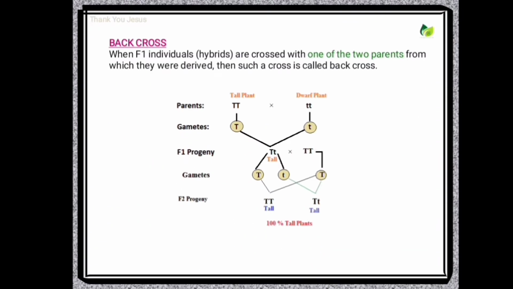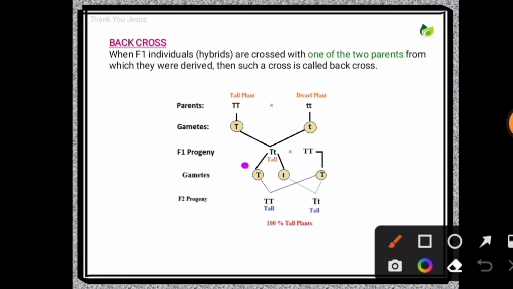When F1 individuals, such as hybrids, are crossed with one of the two parents from which they were derived, such a cross is called a back cross. So F1 individuals may be crossed with the dominant parent or with the recessive parent. Such two crosses are generally referred to as back crosses.